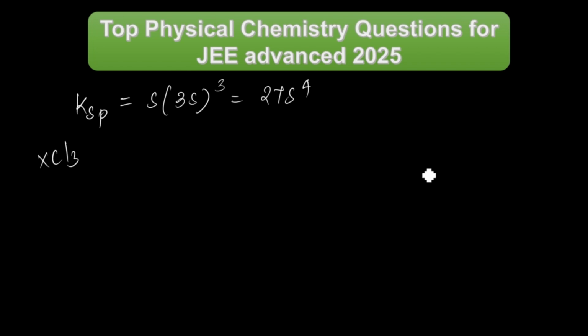Here I am having 4s, so s to the power 4. Okay, so s value we have to find, then only I can find the KSP value. Okay, so how can I find the s value? How can I find the solubility, molar solubility from the vapor pressure?